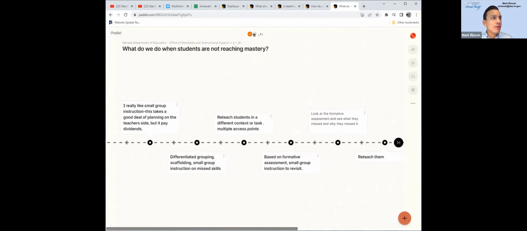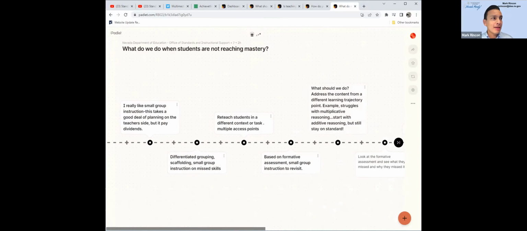I really like small group instruction. This takes a good deal of planning on the teacher side, but it really pays the dividends. Differentiating groups, scaffolding, small group instruction on missed skills. Great. Reteach students in different contexts or tasks.